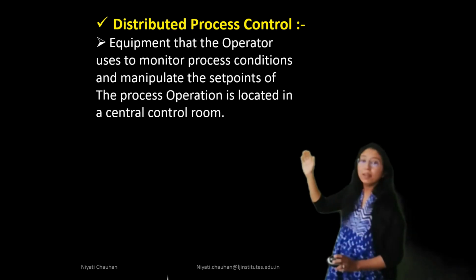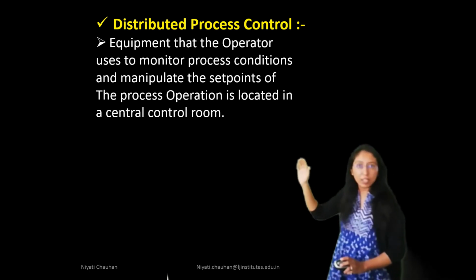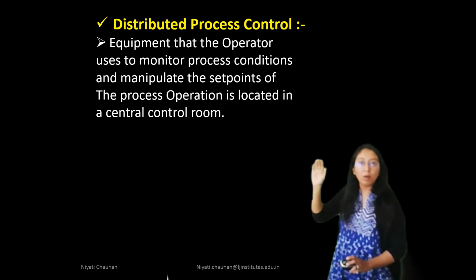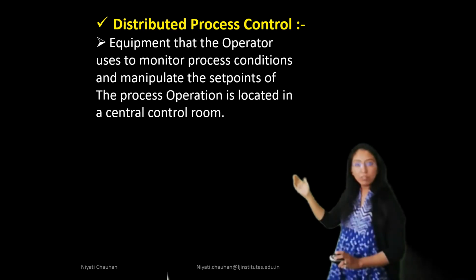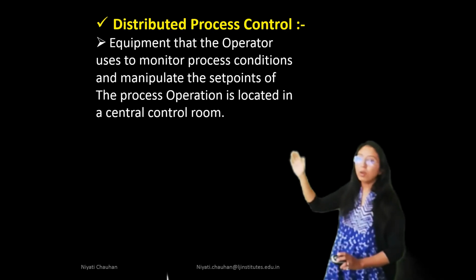Equipment that the operator uses to monitor process conditions and manipulate the set point of the process operation is located in a central control room.